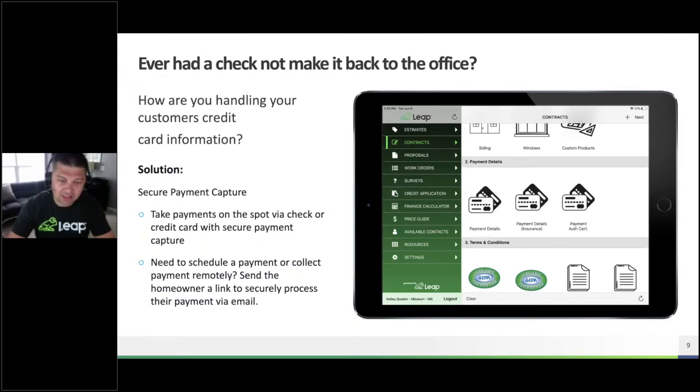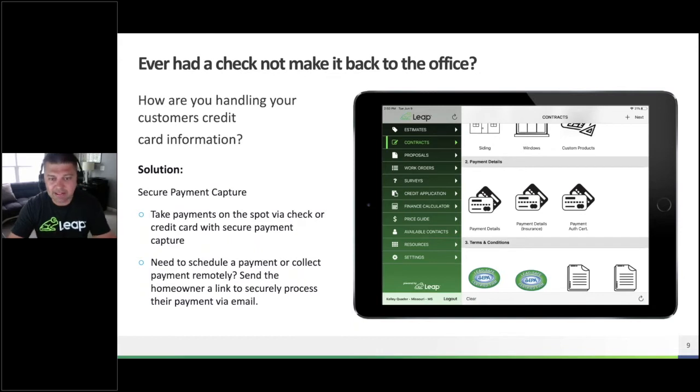Everything that I just mentioned has happened either through the company that I work for or through other companies who we have since brought on and started to adopt the technologies that Leap has to prevent these types of things from happening. So the solution to all of these problems is our secure payment capture feature or functionality. This allows you to take payment methods on the spot, and you can do checks or credit cards.